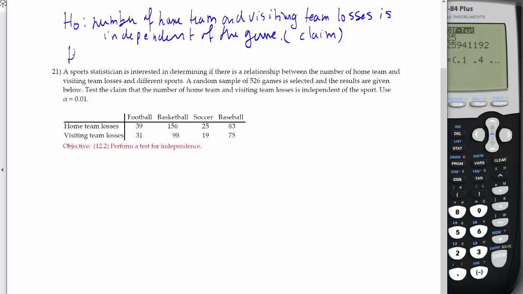HA, or H1. Again, guys, whether you write HA or H1, that would be okay. Some books use HA, some books use H1 for the alternative hypothesis.